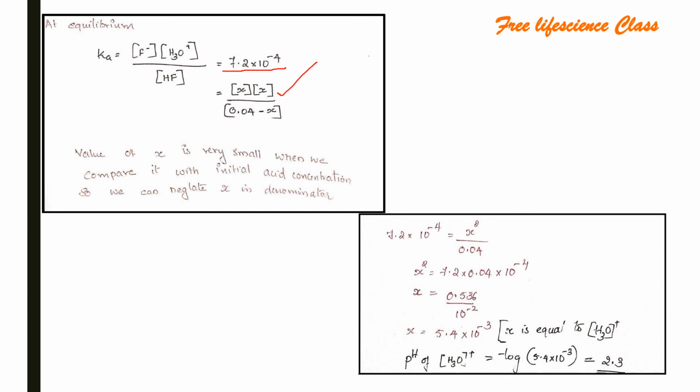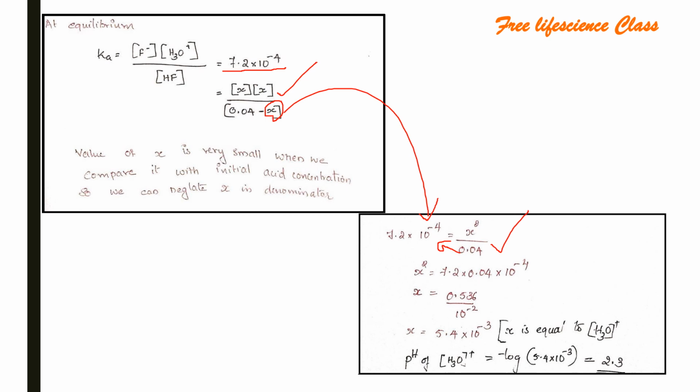But when you look at this X, its value is very small, so we can neglect this X in the denominator. So by removing this X, we can write the equation as 7.2 into 10 raised to minus 4 equal to X square divided by 0.04. Okay, so X square will become 7.2 into 0.04 into 10 raised to minus 4.